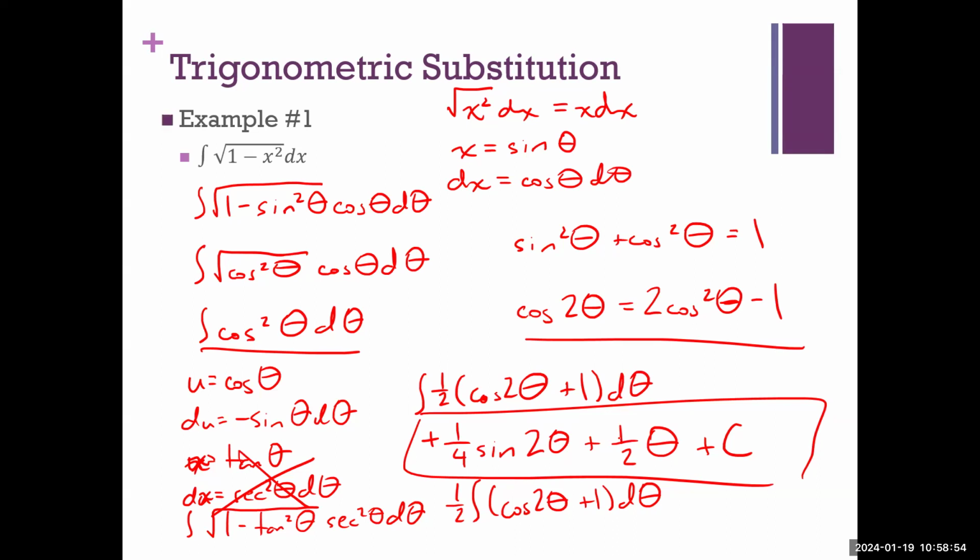But then you have to multiply by the derivative of that inside argument, right? That's where the 2 comes from. So when you take a derivative, you multiply by that constant. When you take an integral, you end up dividing by that constant, which is where this 1/2 times 1/2 sine 2 theta comes from. And then what's the integral of 1? For us, it's theta. We're integrating with respect to theta now. So that's where all that came from. Basically, these 2 intermediate steps are what led to the thing I boxed in.